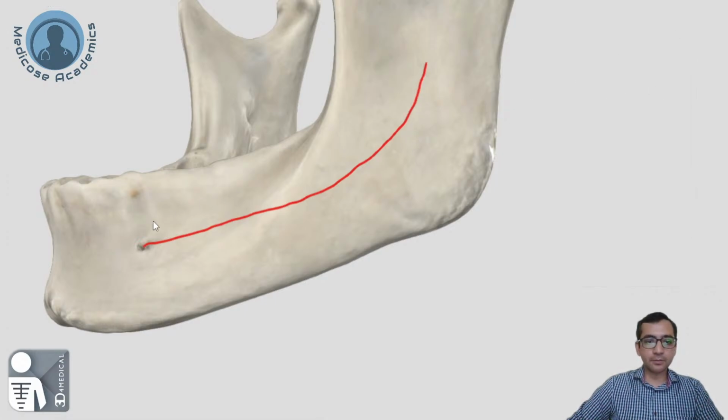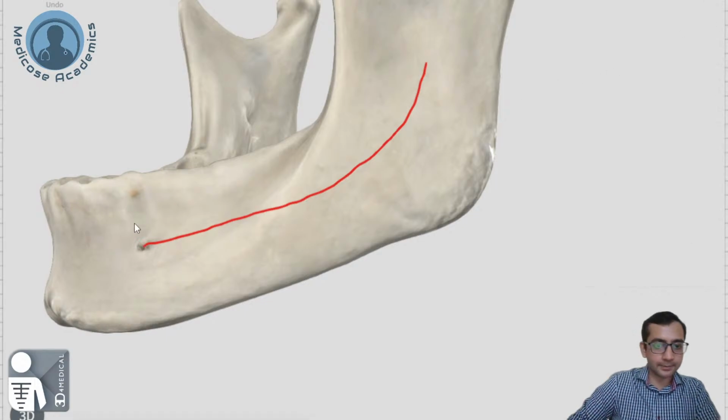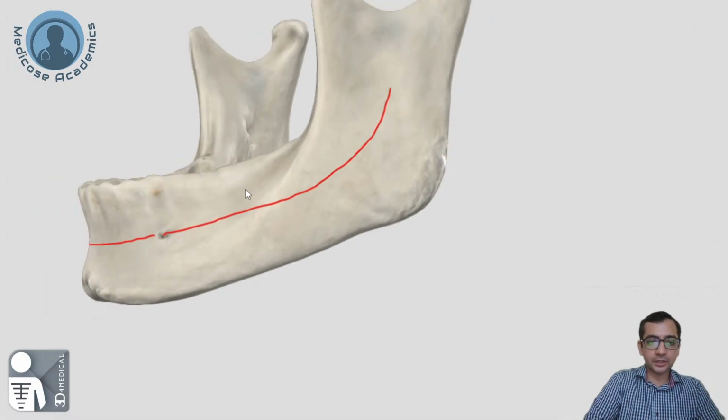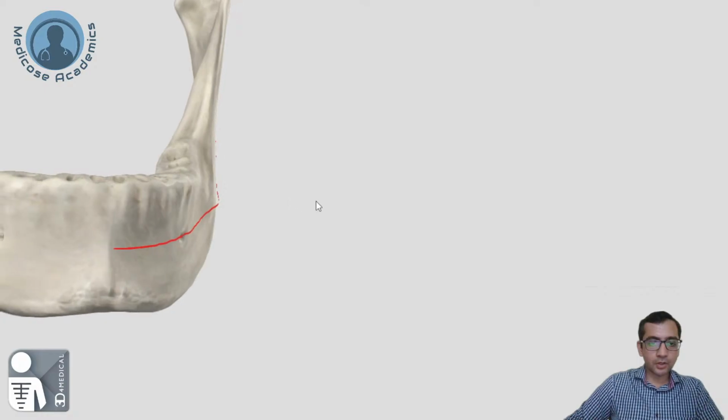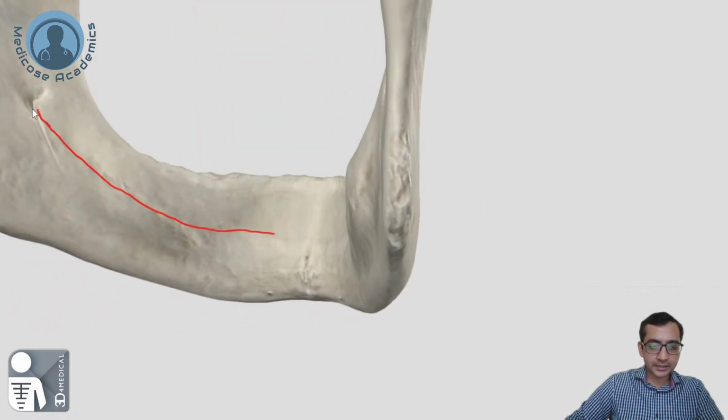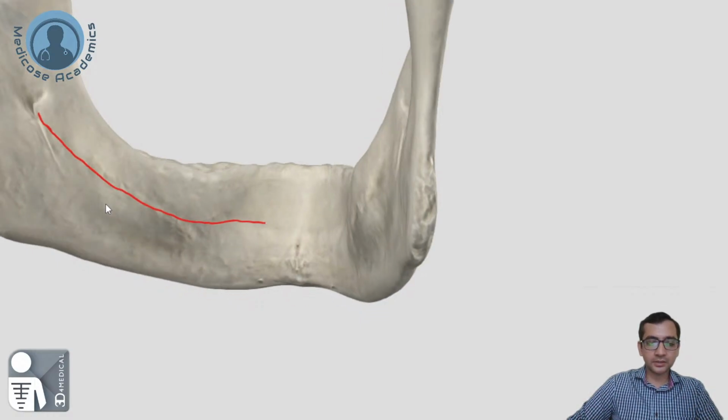This is the mandibular canal, and actually this canal does not stop at the mandible. It continues all the way below the teeth. This canal is very important, and you must remember it, because it carries all the structures necessary to supply the lower teeth, the mandibular arch.